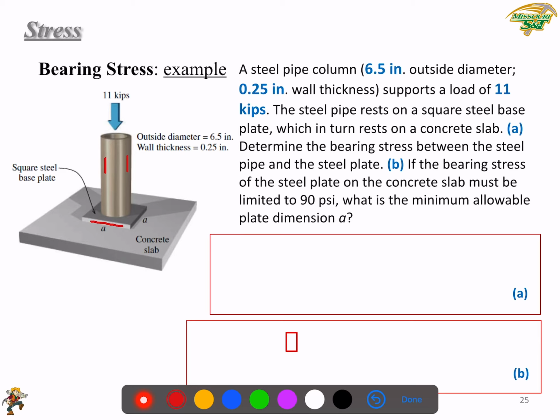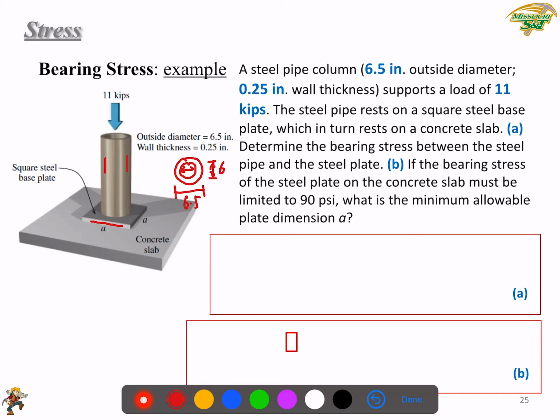It will be a circle, right? The external diameter of the circle is given as 6.5, and the wall thickness is 0.25. So the internal diameter will be 6.5 minus 2 times 0.25, and it will be 6. So the internal diameter will be 6.